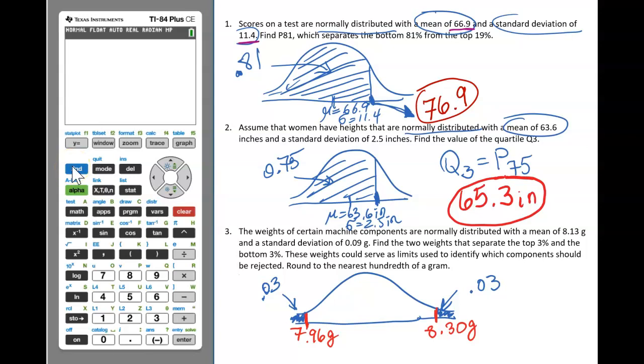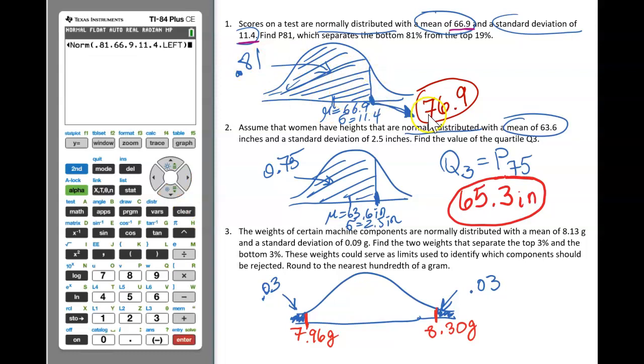In the graphing calculator, we are going to use InvNorm. Click second, vars, down to InvNorm, or you can click 3, enter the area, 0.81, mean 66.9, standard deviation 11.4. Tail is going to be on the left of the value.